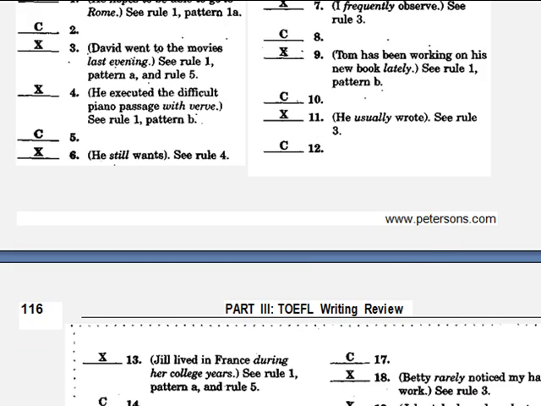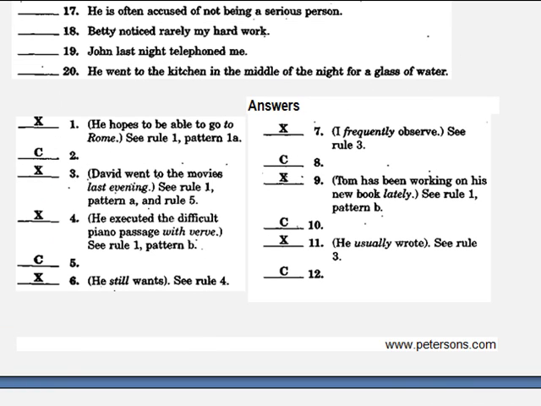Well, in this answer sheet, if you go down here, they are the answers, and you can see number one is saying that it is wrong. We have an X there, and it says, okay, he hopes to be able to go to Rome as we decided.